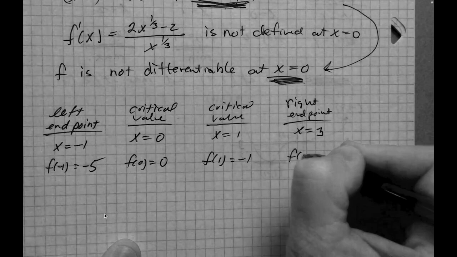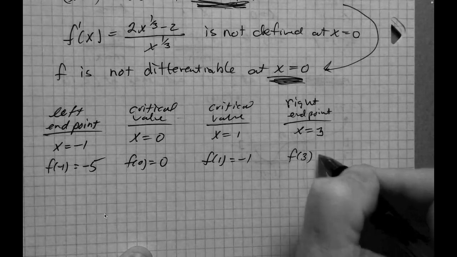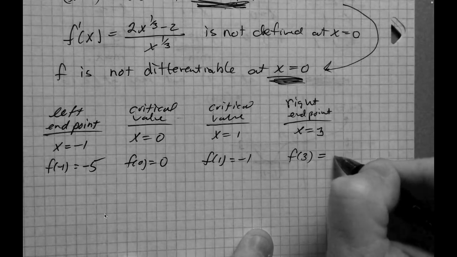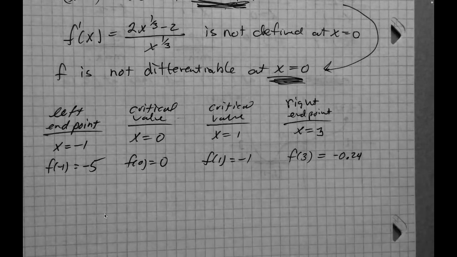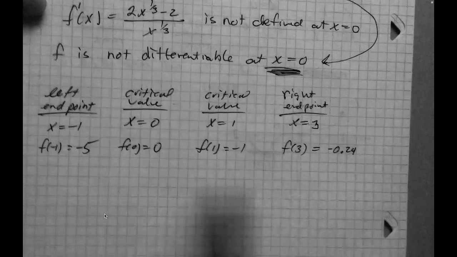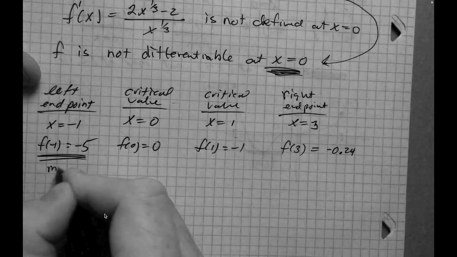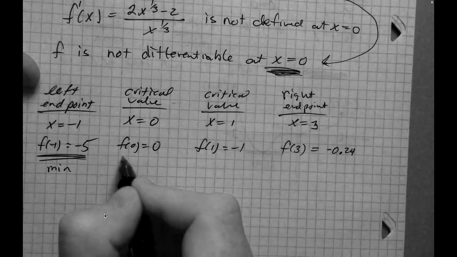And finally, when you plug 3 into the function, you get a decimal number or a rational number, depending on how you evaluated it, but 0.24, we'll say something approximately like that. So you can easily look at this and say, okay, the minimum is here. The maximum, it turns out, is here.